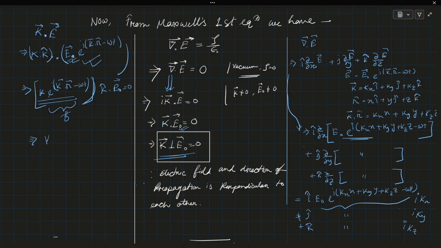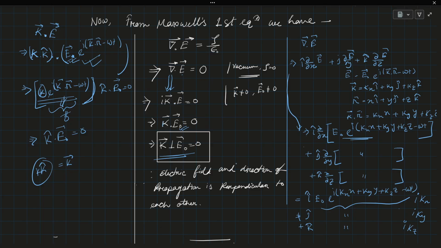So we will get k cap dot E naught vector is 0. This is how I was writing E as E naught. Here I have not separated k into its magnitude and its direction. So let's say k cap into k can be together, written as k vector, which will be some magnitude. This is how I have written E as E naught.